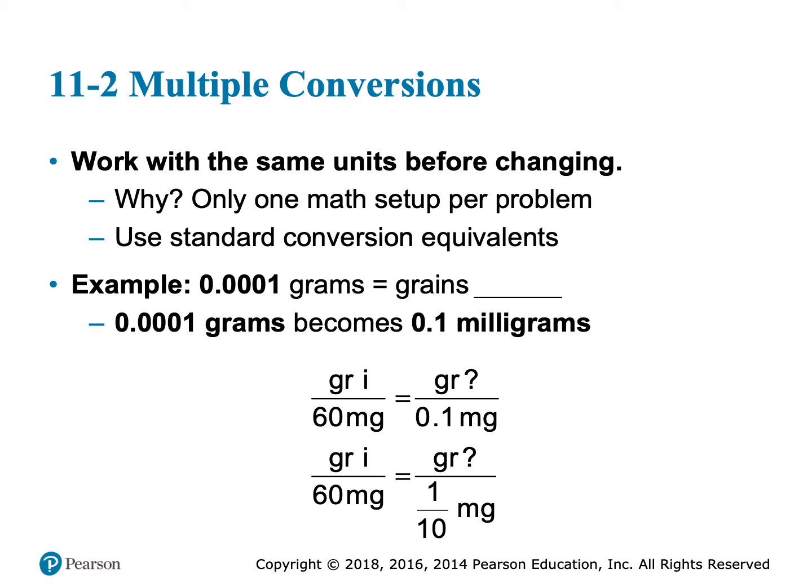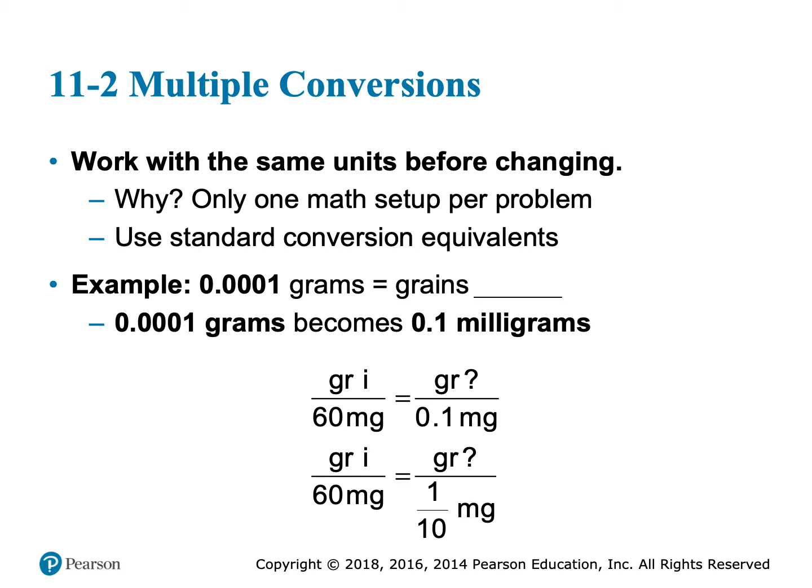Then we're going to set up with known equivalents for the conversion on the left, and we're going to put in our unknowns on the right. So then we get grains 1 over 60 milligrams equals grains x, our unknown, over 0.1 milligrams.